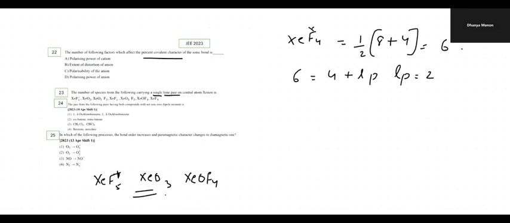Okay. Now coming to the 24th one. The pair from the following pairs having compounds with non-zero dipole. That means they have some amount of dipole. Okay.